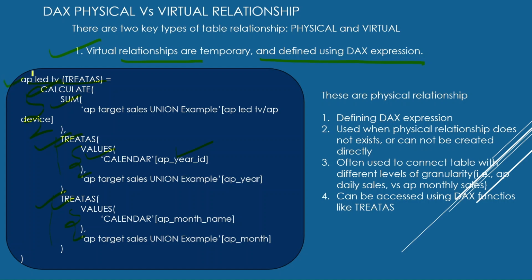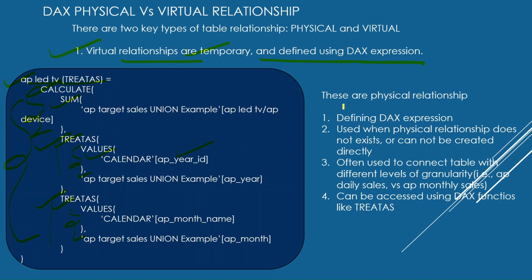Suppose I use this measure to populate a KPI, a card, or a table. During the time of calculating those KPI, table, or card values, this relationship is present. After that, the relationship does not exist. That's why it is said that virtual relationships are temporary.